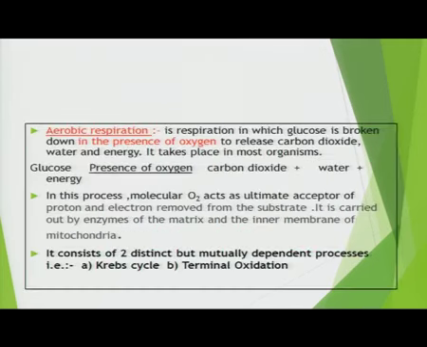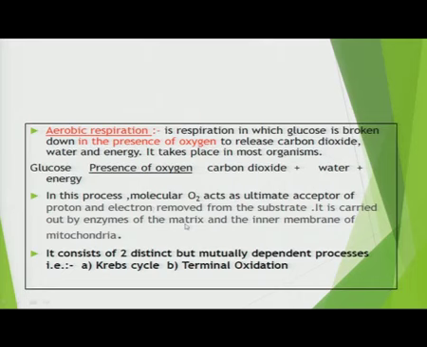Now, before we go on to the Krebs cycle. The Krebs cycle takes place in aerobic respiration, where the glucose molecule is broken down in presence of oxygen, and the products are carbon dioxide, water and energy.